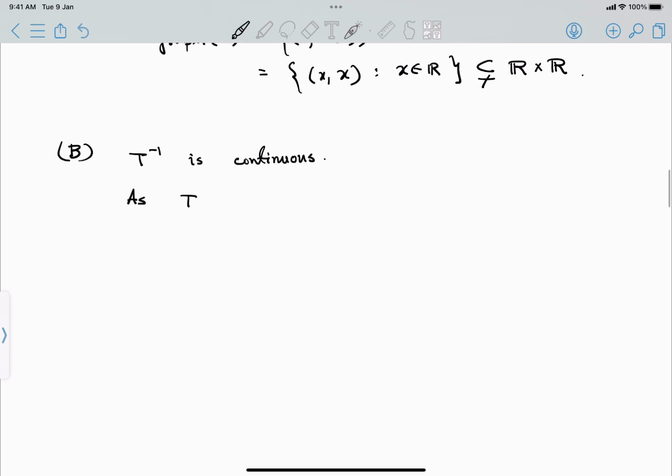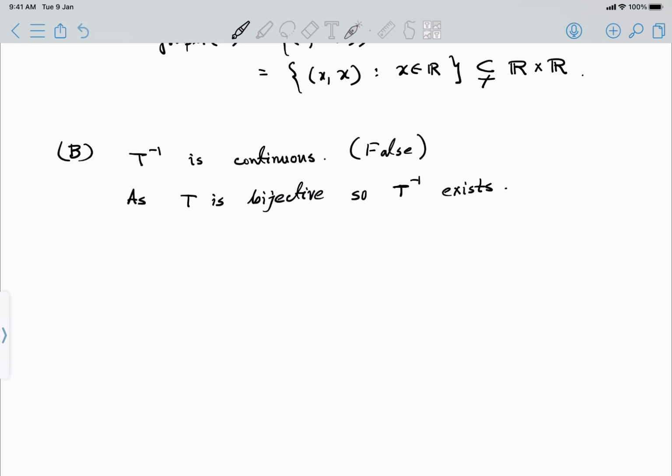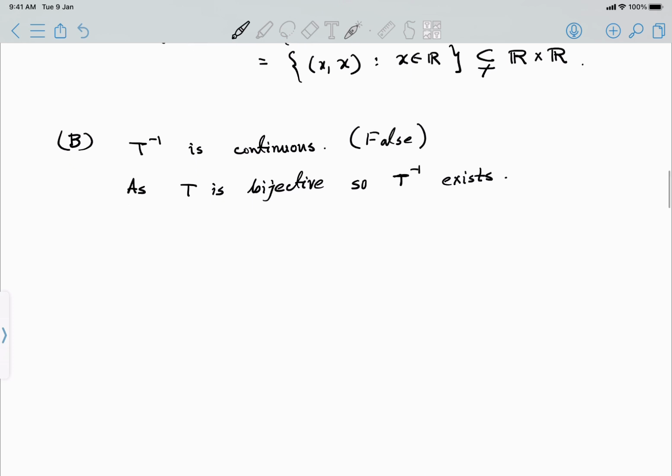As T is bijective, T inverse exists. So this is again false, we will check. If we are saying that this is not continuous, it means we have to give a counterexample.